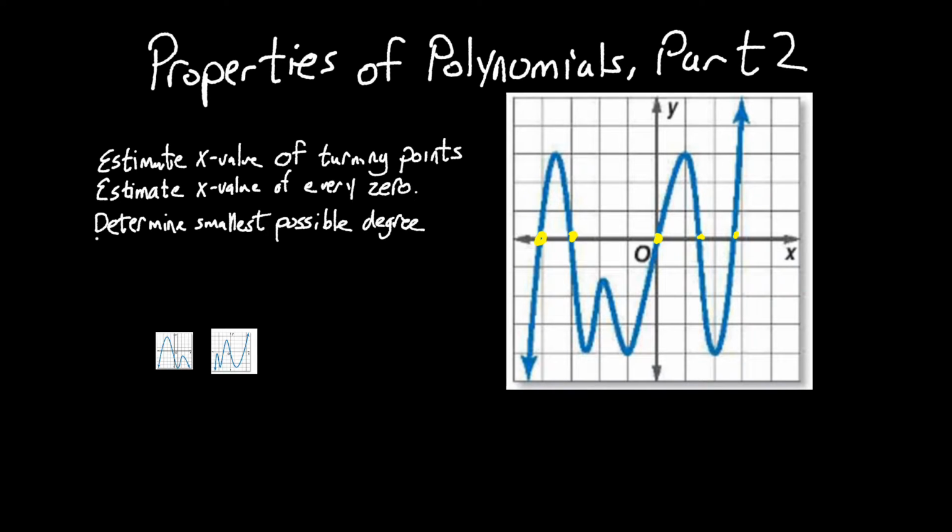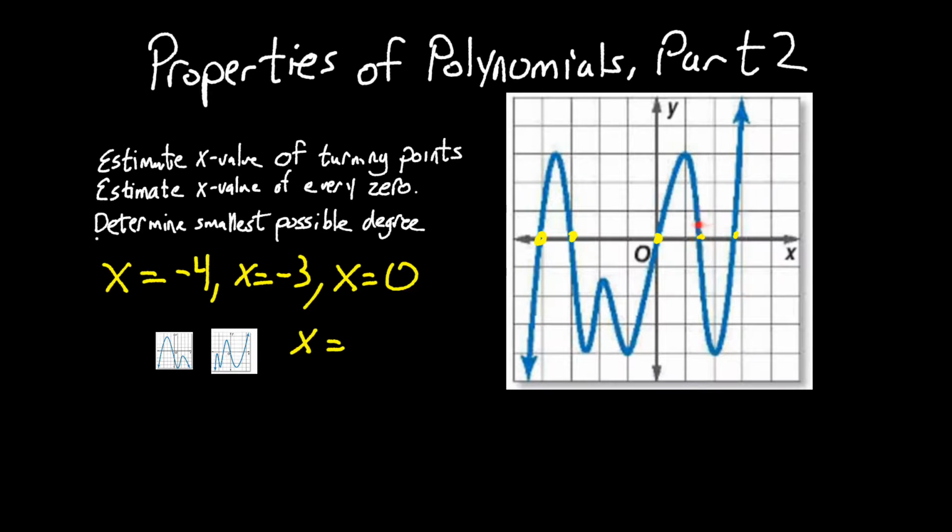I have 5 zeros going on in this graph, and if I want to estimate the x value of those zeros, it's going to be exactly the same as what we did for the turning points. Just approximate where on the x-axis these are. So I could say I have a 0 at x equals negative 4, x equals negative 3, x equals 0, and then after 0, look where this one is.